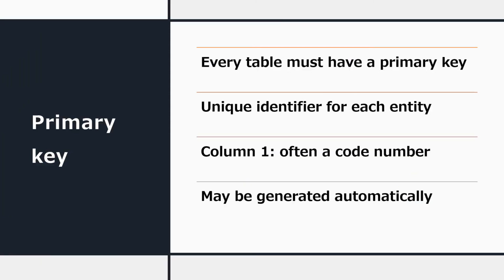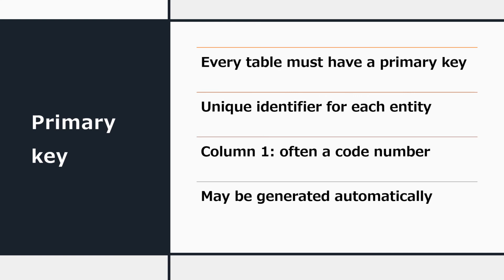So you're nearly ready to go now with your database, but first we have to think about keys. It's important that you can identify each item, each entity in the table from all the other entities. So you might easily have two customers with the same name. I'm sure that happens quite often. For this reason, every entity is given a unique, typically a code number, something that is unique to each entity.